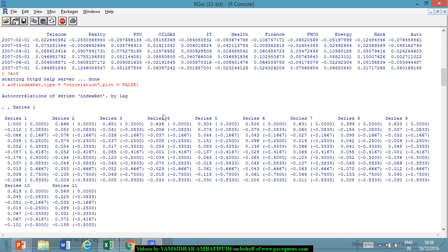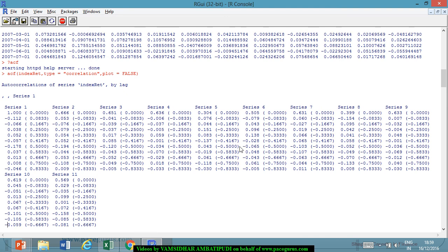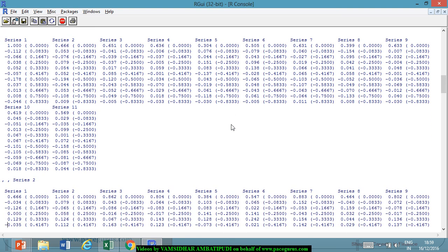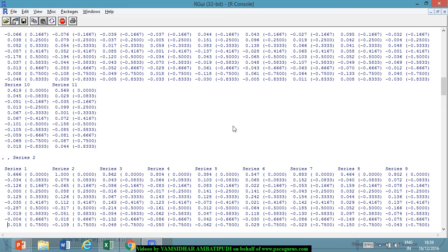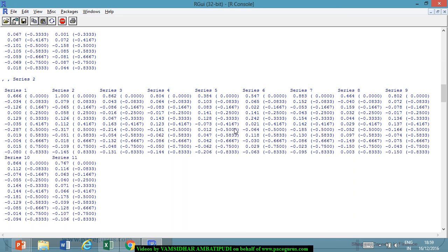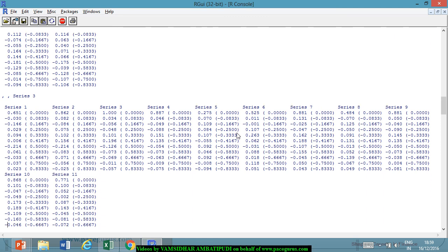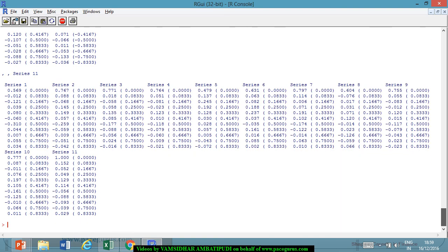Then for series 3 and series 4, across the series we are seeing that the correlation values are much lower. We are talking about autocorrelation with respect to lag, so lag 1, lag 2 and so on across the series. The same logic applies to each one of them, and you don't see at any point any significant autocorrelation.